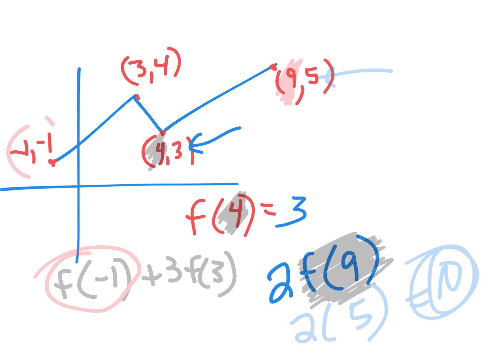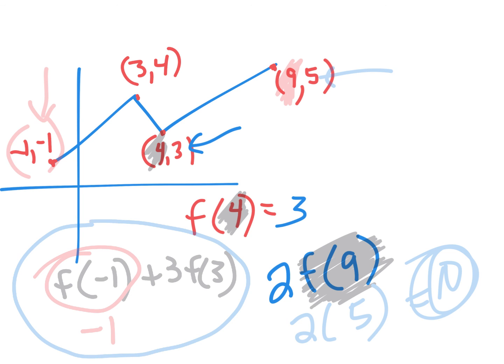It's just right here. So that part's -1. Do you get the first part of the answer is -1? Now finish this question. 3 f of 3. If you get confused, just scribble out the 3 and do f of 3. You don't need to do the 3 in front of it.